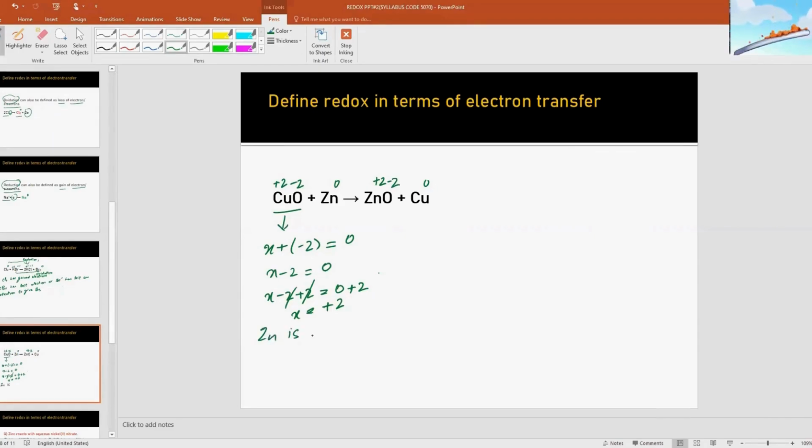Zn is oxidized to ZnO because it has lost 2 electrons.